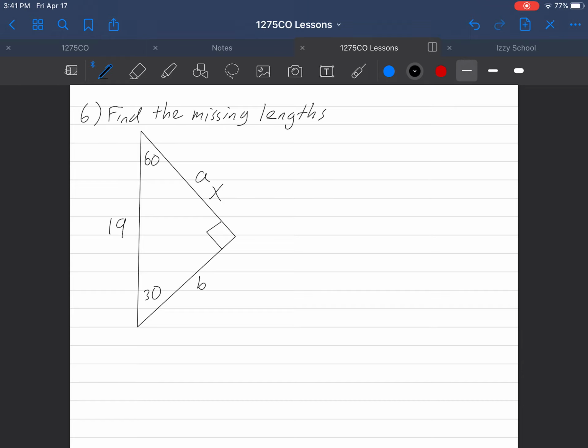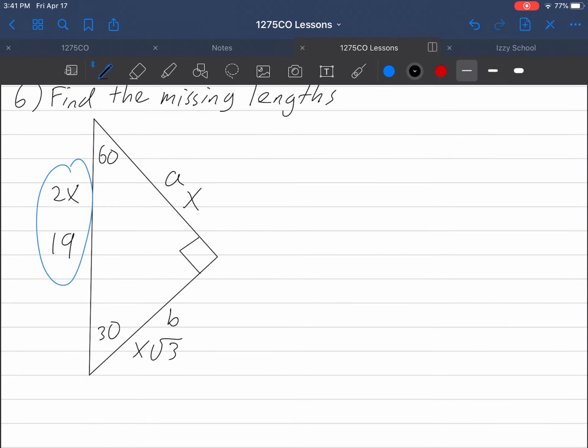Because again, opposite 30 is equal to x, hypotenuse is equal to 2x, and opposite 60 is equal to x radical 3. Now, whatever side you are given, in our case it's this one right here, this is our side that we can form an equation from.